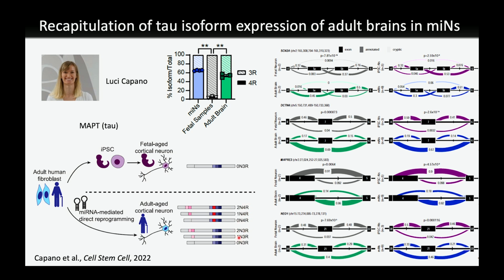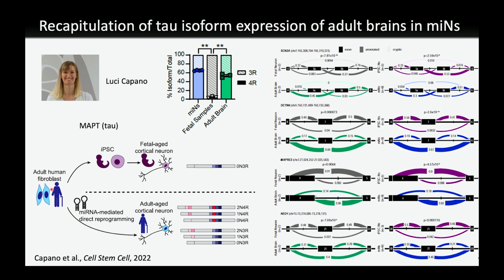That means the 3R isoforms have 3 repeat domains, whereas the 4R isoforms contain 4 repeat domains. The interesting thing is that during embryogenesis, when neurons are born, embryonic neurons typically express only one of the 6 isoforms, the 0N3R. But in the adult brain, there are all 6 different isoforms.